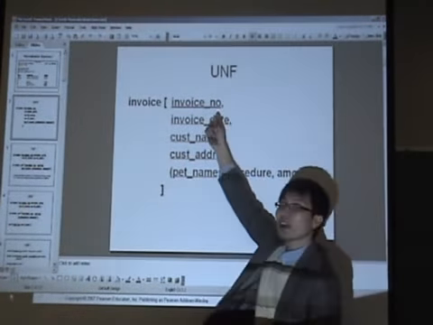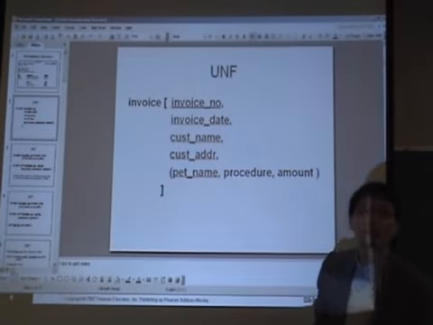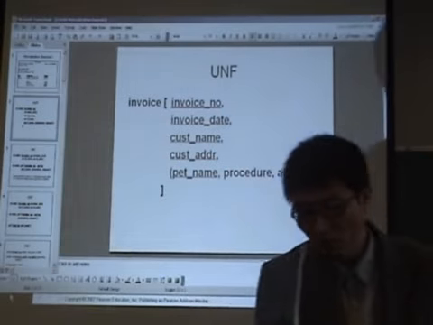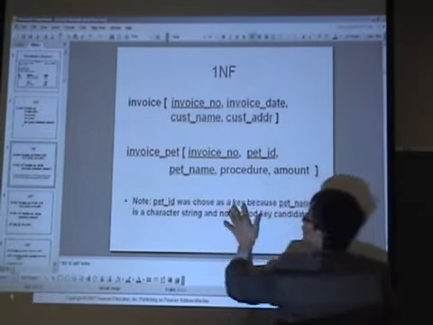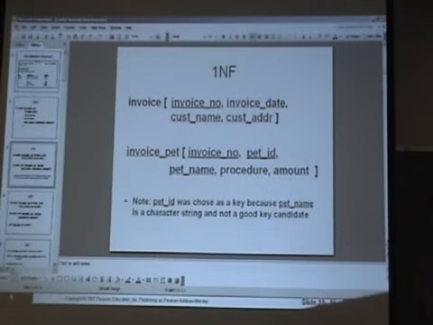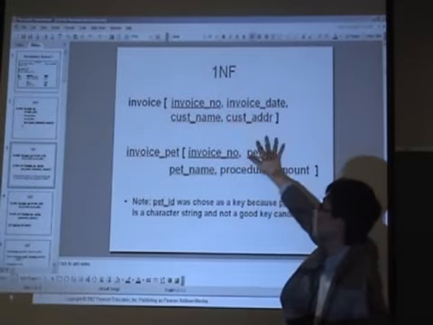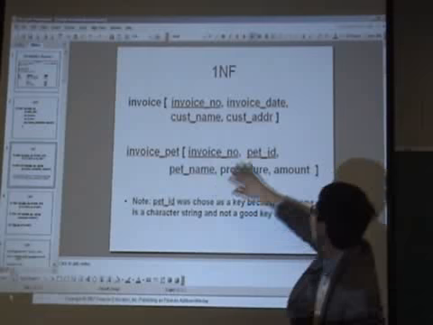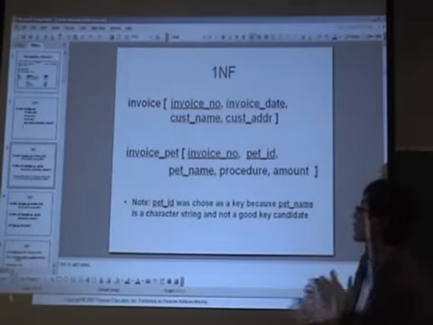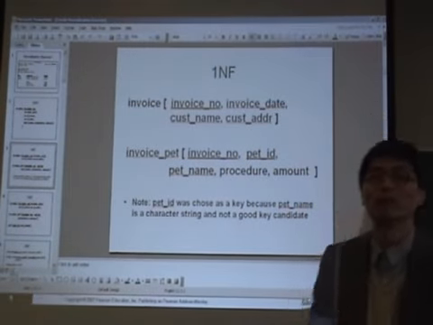The other is single, single, single, single, but this is the multiple nested. So we can divide into two. One is invoice, another one is invoice underbar pet. So invoice number, pet ID. We do not have the pet name, but we intentionally put the pet ID. So this is the first normalization form.